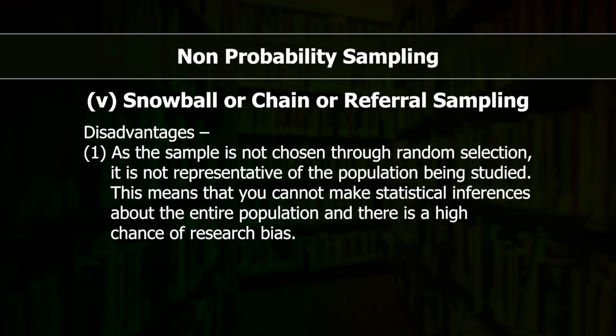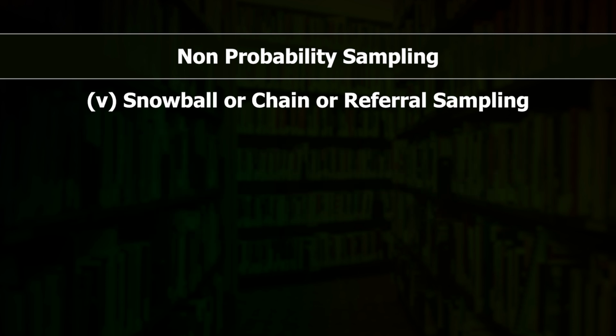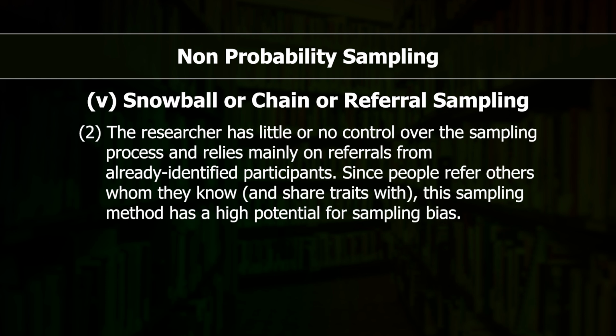As the sample is not chosen through random selection, it is not the representative of the population being studied. This means that you cannot make statistical inferences about the entire population, and there is high chance of research bias. The researcher has little or no control over the sampling process and relies mainly on the referrals from already identified participants.